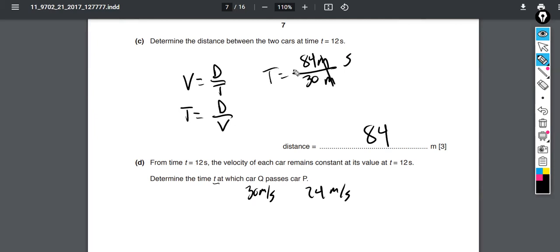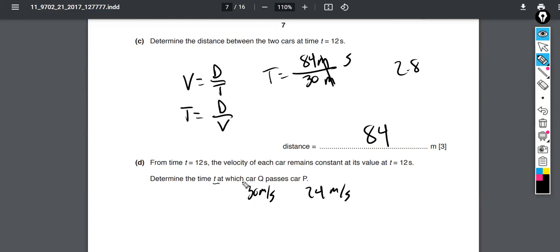And we'll have the time. We'll take 2.8 seconds for a car that's traveling this fast. But now I think we're going to have to set this up a little bit differently. Car P over there going 24, so 84. A car that's going 24 meters per second for 2.8 seconds.